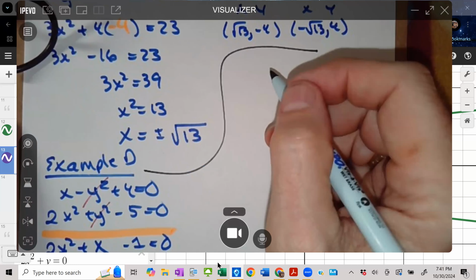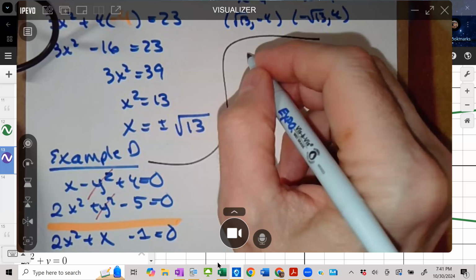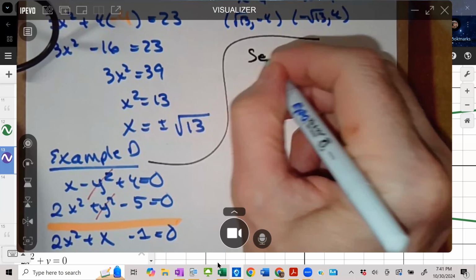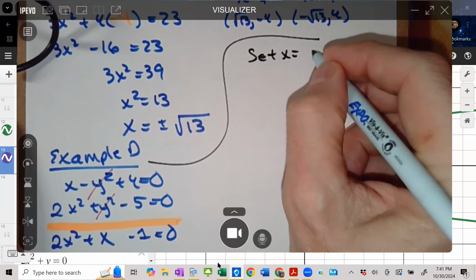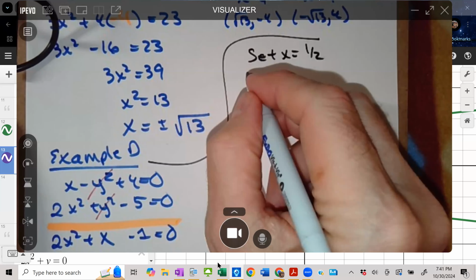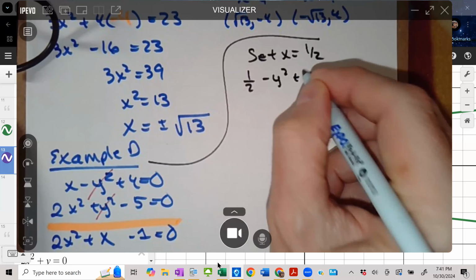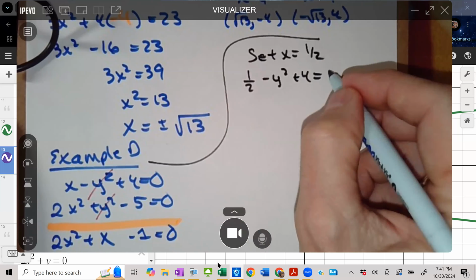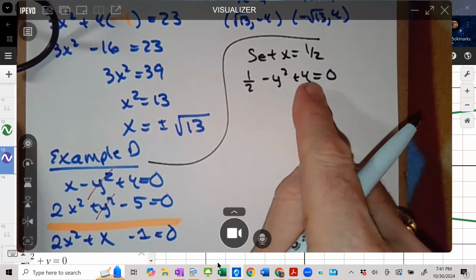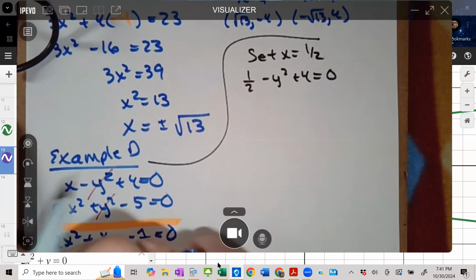And let's start by setting x equal to 1/2. And I'm going to put that in this first equation right there. That's going to be 1/2 minus y squared plus 4 equals 0. 4 plus 1/2 is 4.5. So I'm going to leave the 4.5 on the left-hand side.